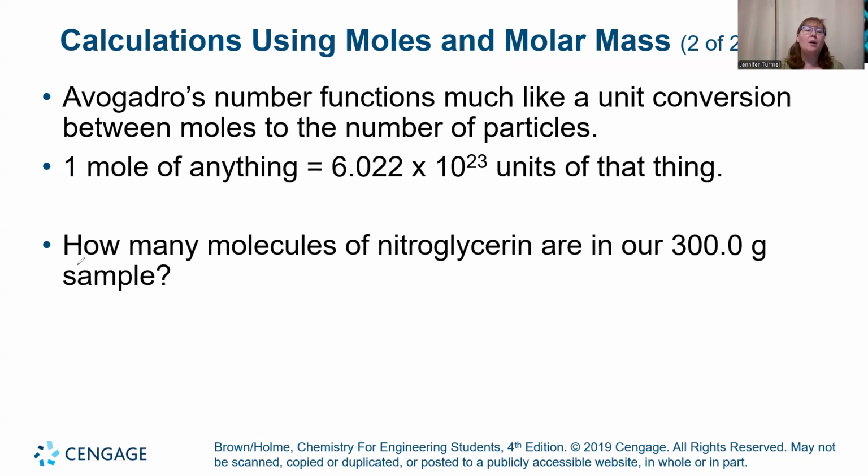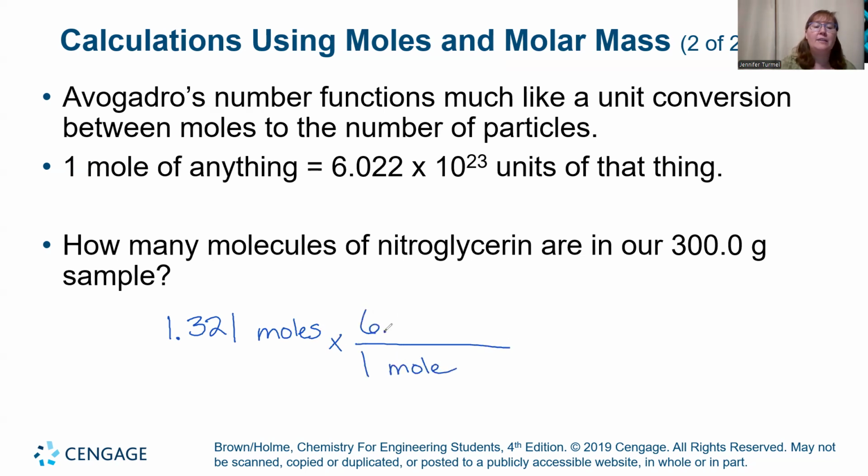So remember we had many molecules of nitroglycerin. Well, what we're going to do is you start with your moles. So on the previous problem, we saw that there were 1.321 moles of our nitroglycerin. And we know that in 1 mole, we have 6.022 times 10 to the 23rd molecules.